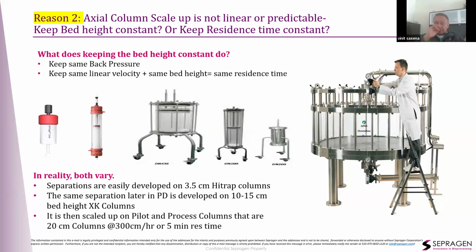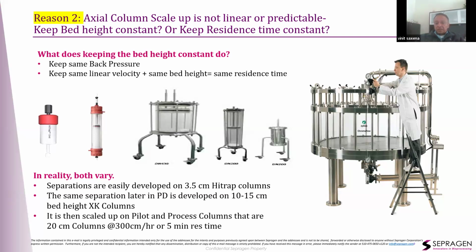The fact of the matter is that we have done separations with 1-minute residence time and 2-minute residence time. So you can go much faster and you can keep the same residence time on a lab radial flow column and the same residence time on a large column.